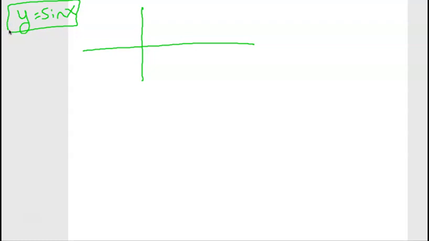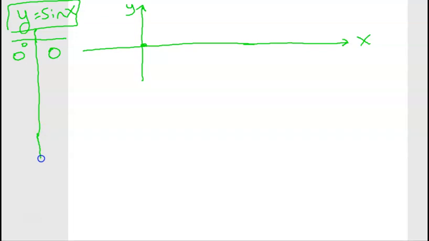We already said that when we plug in 0 degrees, we're going to get 0. So this point is right here. This is your y line, and this is your x line. We're going to go one complete circle on the unit circle, one complete cycle around, and think of this as your XY chart. So you're putting your 0 degrees in, and we're going to go all the way to 360 degrees, and we know we're going to get 0 again.